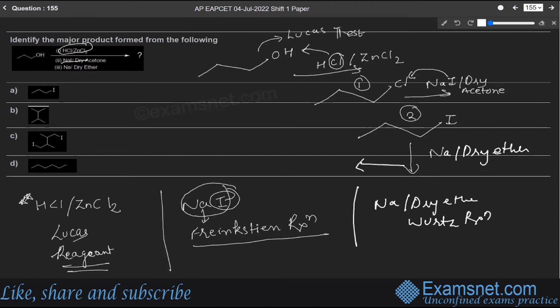For example, if a three-carbon chain is given to you, 1, 2, 3, you will be increasing the length, so the doubled chain would be the answer: 1, 2, 3 and then 1, 2, 3. So that's the answer to this question.